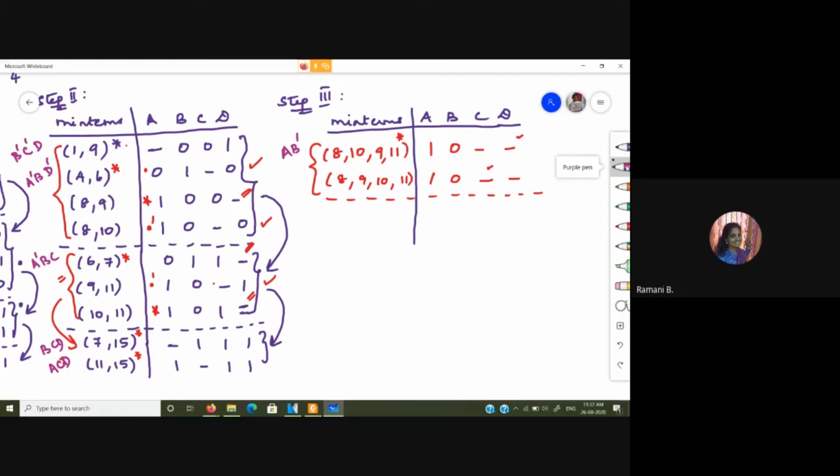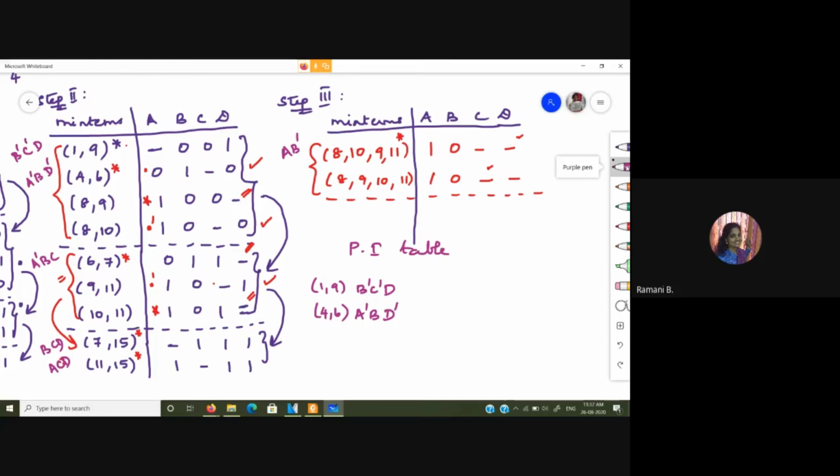Now let us write the prime implicant table. 1, 9, which corresponds to B bar, C bar, D. 4, 6, which corresponds to A bar, B, D bar.